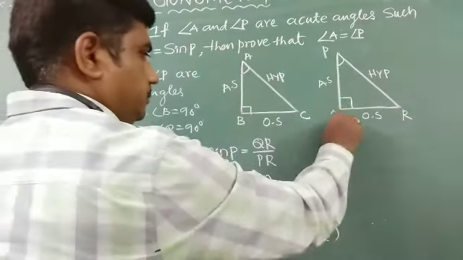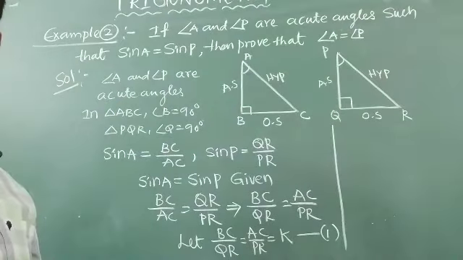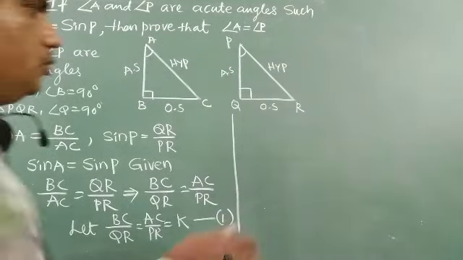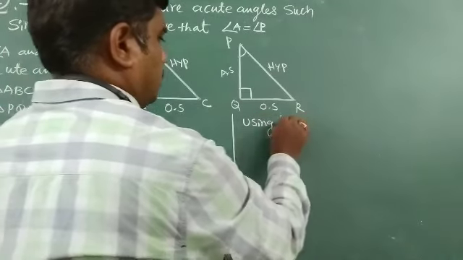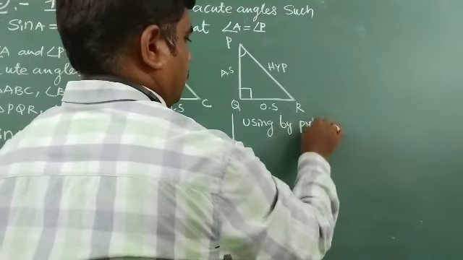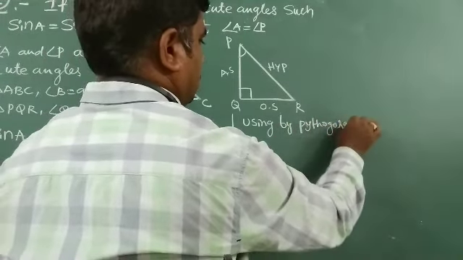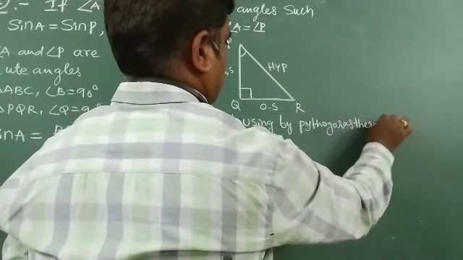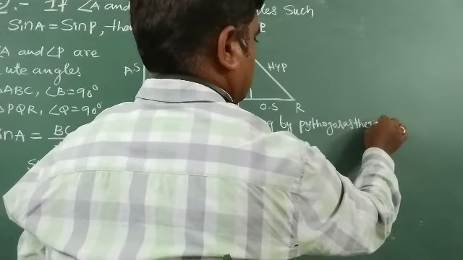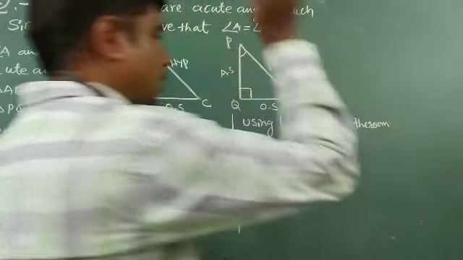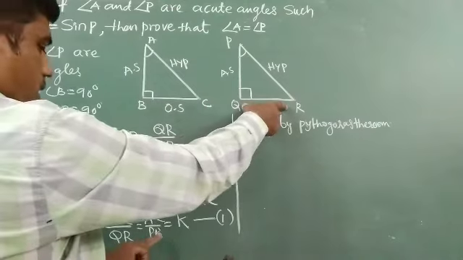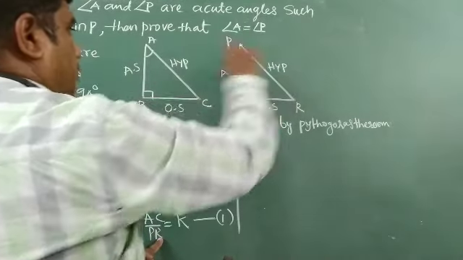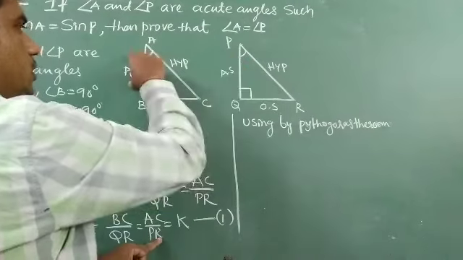Now, using the Pythagoras theorem. We know BC by QR equals AC by PR, but we don't know these two adjacent sides, so I am finding the adjacent side ratio.